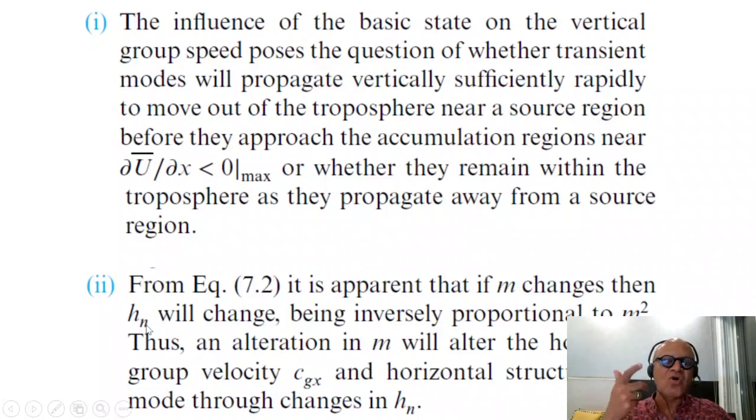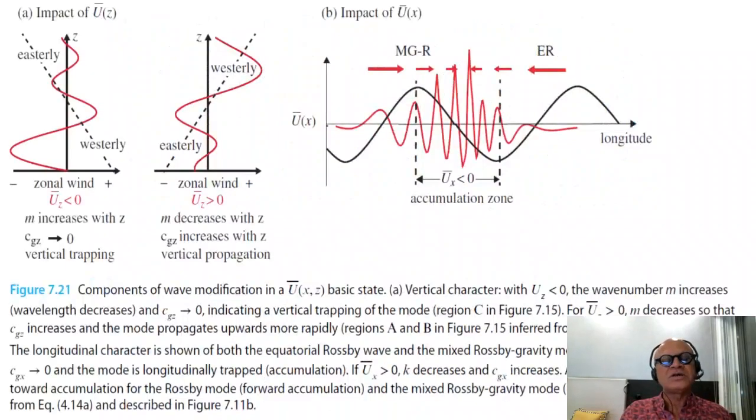So there is a strong coupling between everything now, the basic state, the vertical propagation, longitudinal propagation, and so on. So we can now look at the impact of vertical variations of the longitudinal basic state u bar.